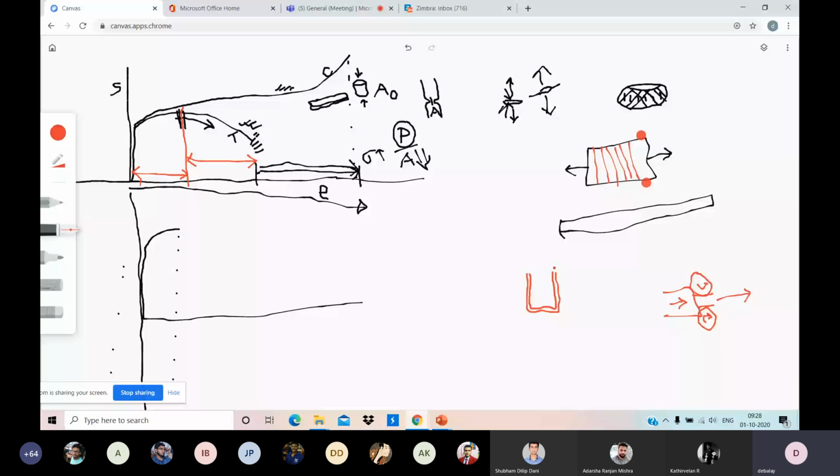The sheet is stretched like this, thin sheet. So what is your requirement there? You want uniform deformation. Okay, it gets stretched, but everywhere the thickness remains the same. Do you want necking?